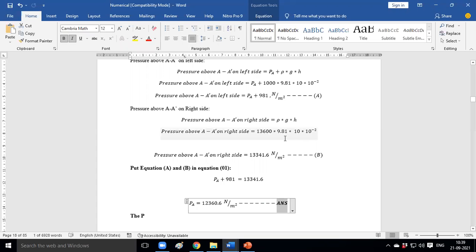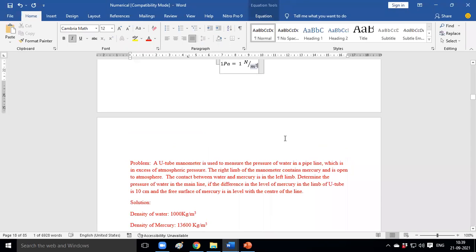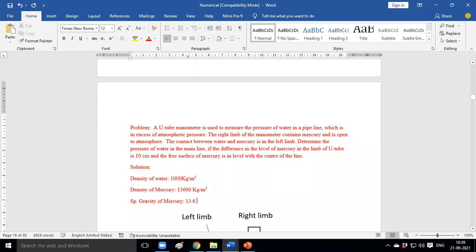And what is asked in the numerical? Determine the pressure of water in the main line.